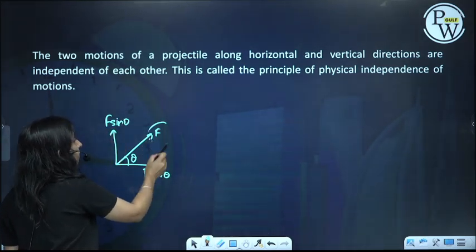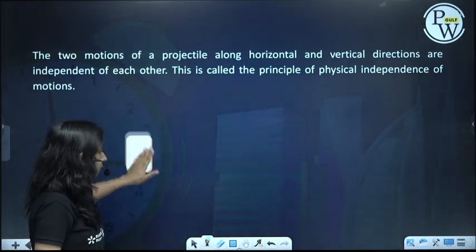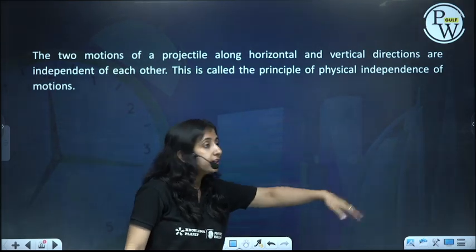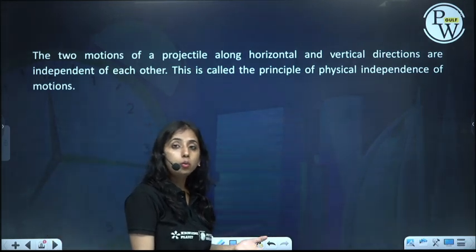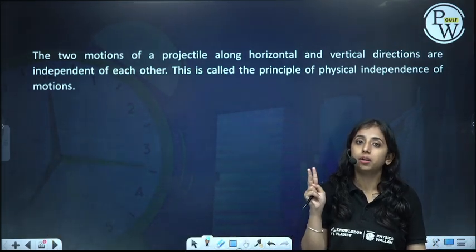So we have divided F into two components. Similarly, if we have velocity, we can divide velocity into two dimensions. If we have acceleration, we can divide acceleration into two dimensions. So we separate the motion in two mutually perpendicular directions.